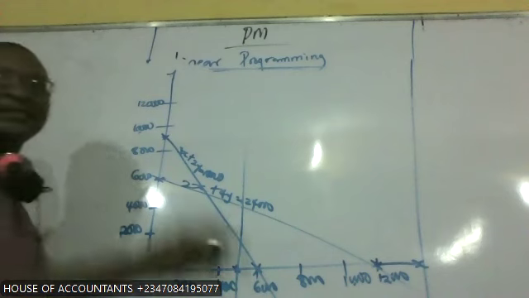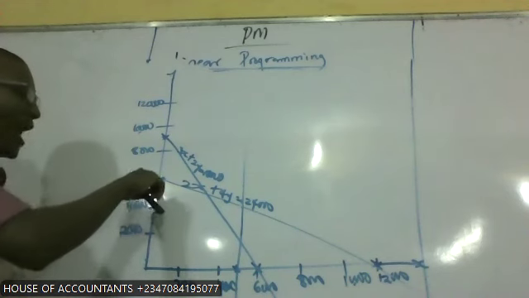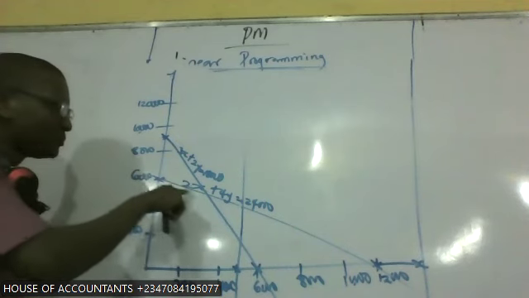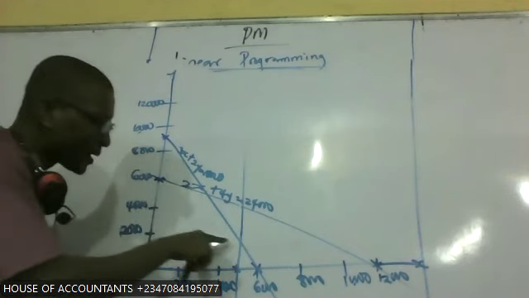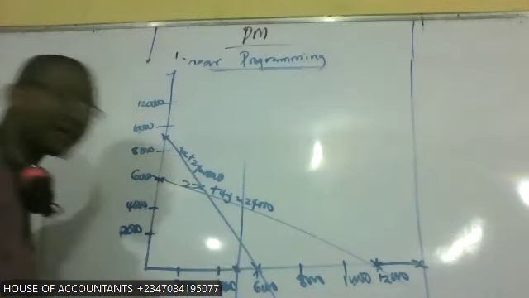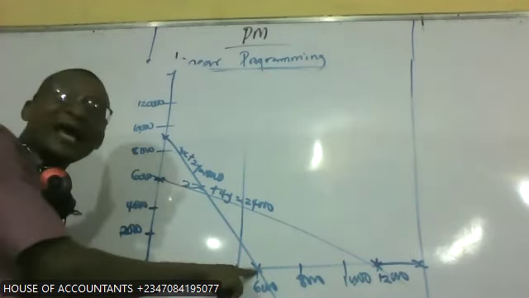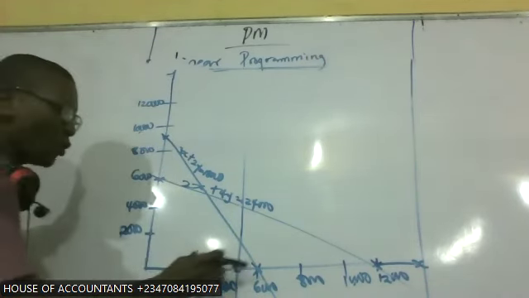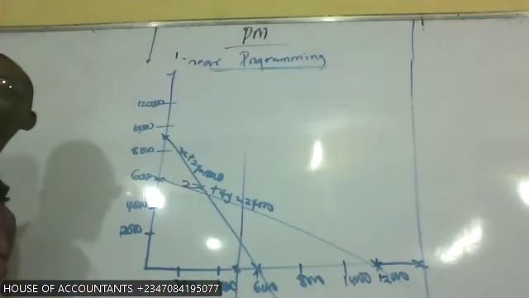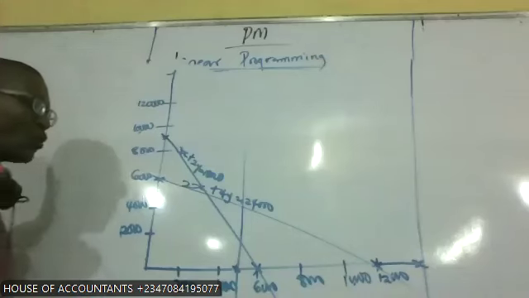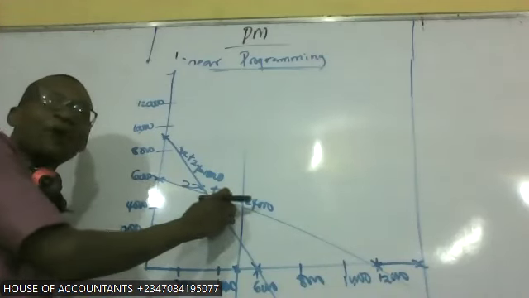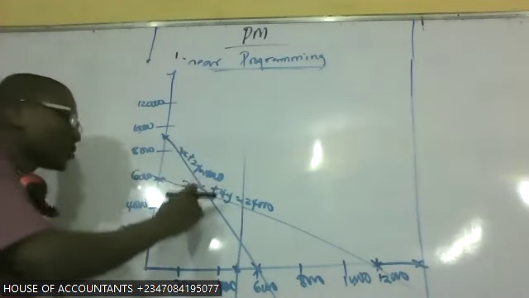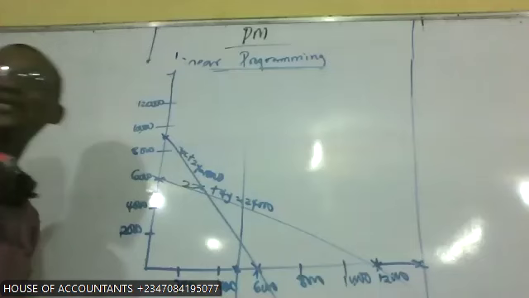You will now look at where all these things are met: met here, met here, met here, and met here. They also met here, but because this line and this line have cut it off, we cannot go beyond that. We stay within here.